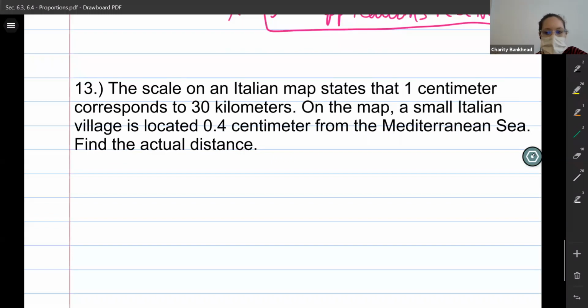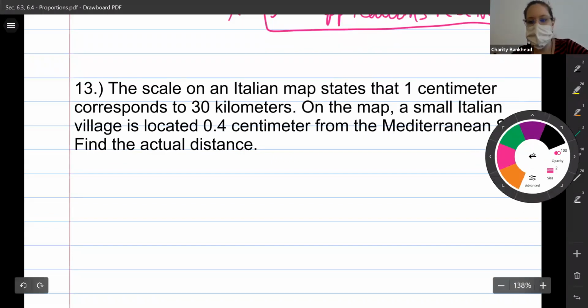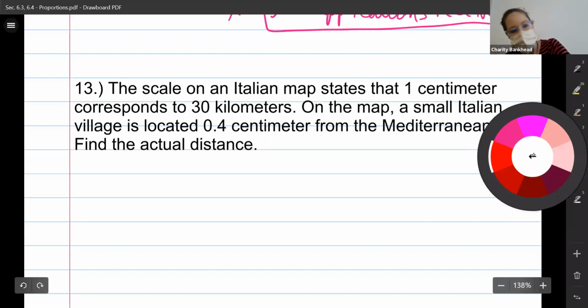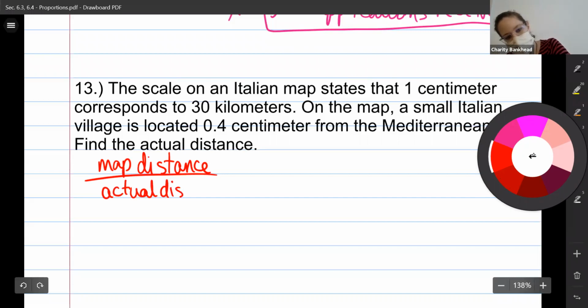So we are comparing the map distance with the actual distance. So the map distance is given in centimeters, and the actual distance is given in kilometers.